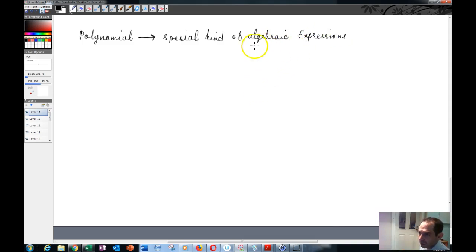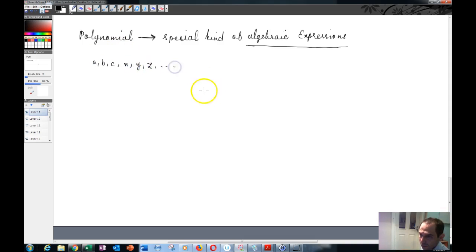Okay, and what these algebraic expressions are, basically you can start with variables. You know that we denote variables by different letters, for example A, B, C, X, Y, Z, and so on.